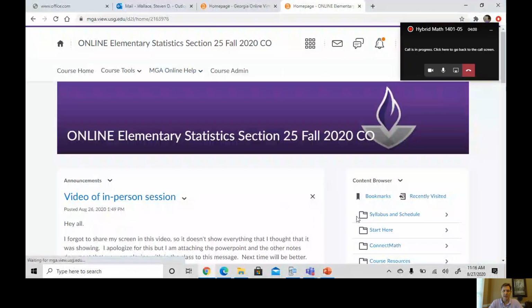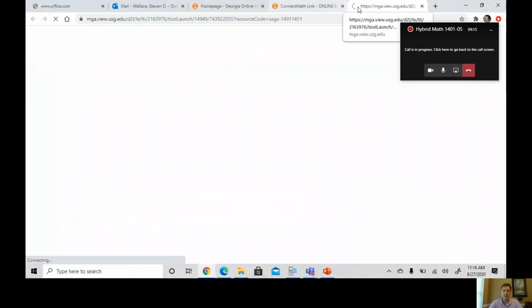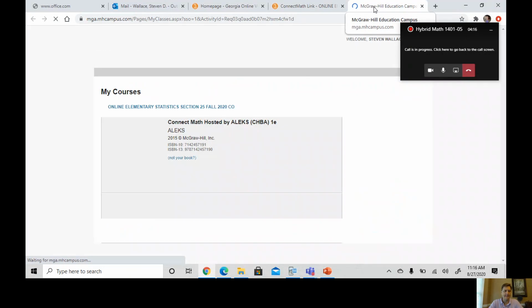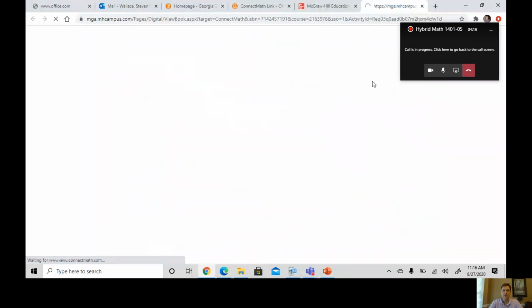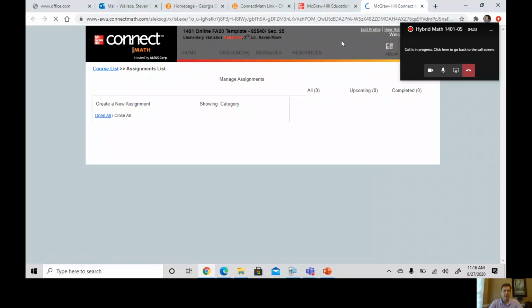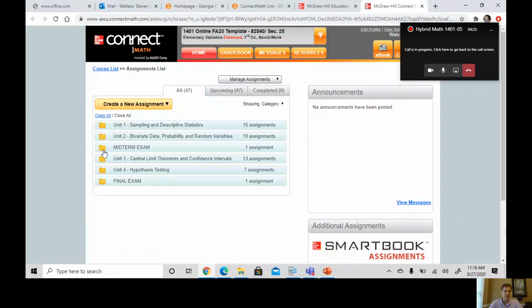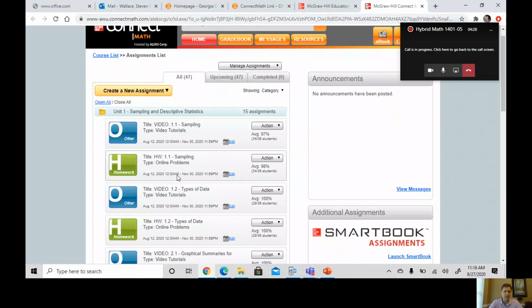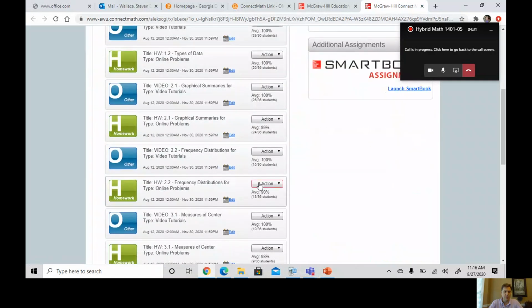So if you go to Connect Math in the class here, there's a homework problem that asks you to create the classes yourself. Let's see, it would be here, I think.